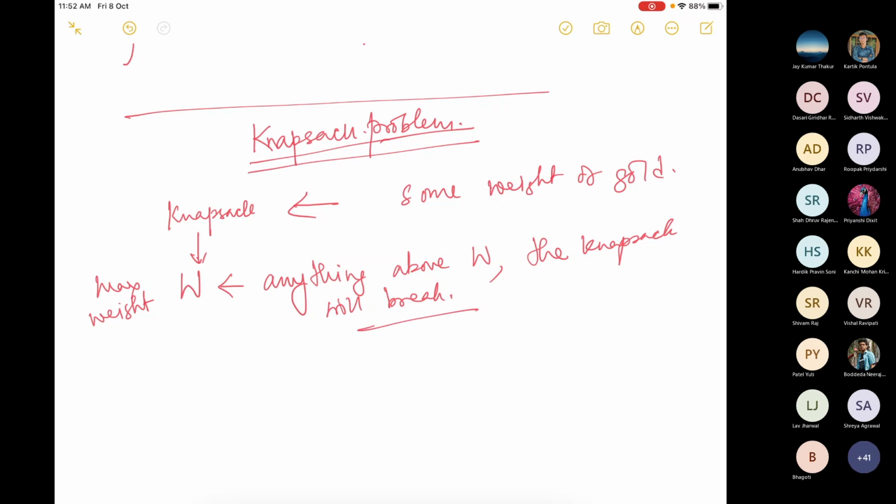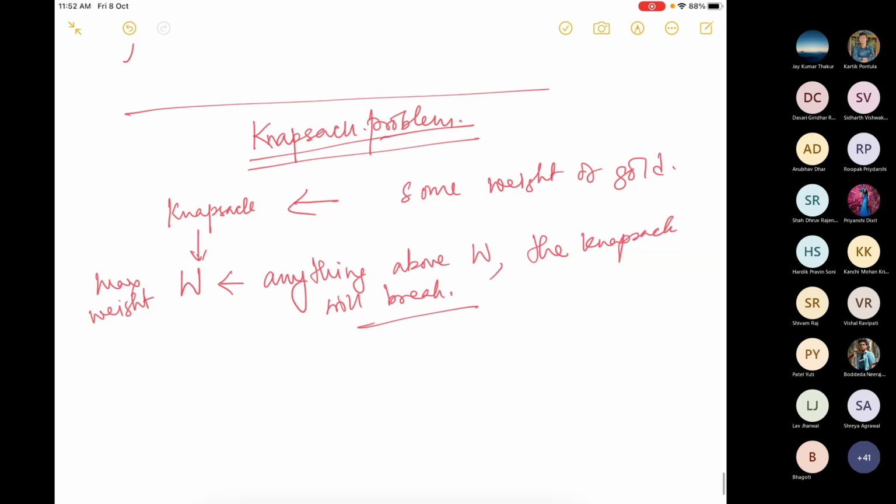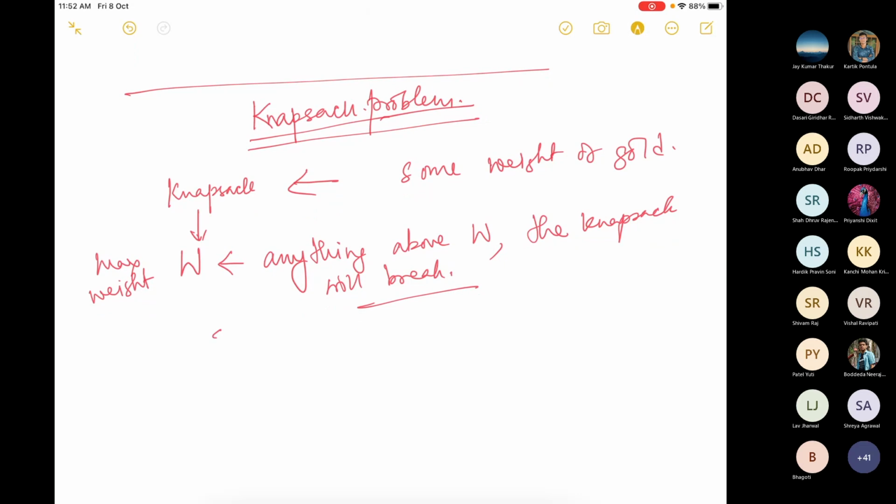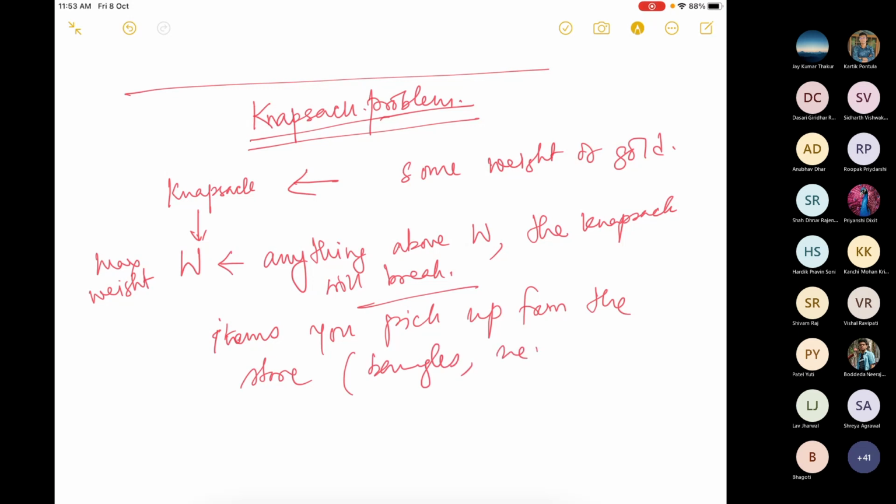Okay, so now your dilemma is to maximize. The items you pick up from the store are, say, bangles, necklaces, ear pins, etc. All gold.